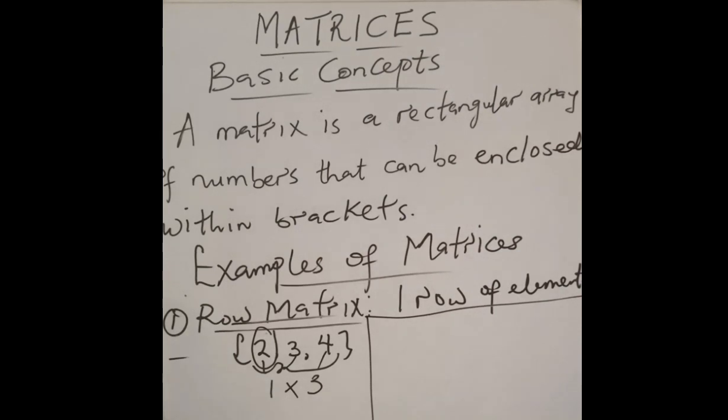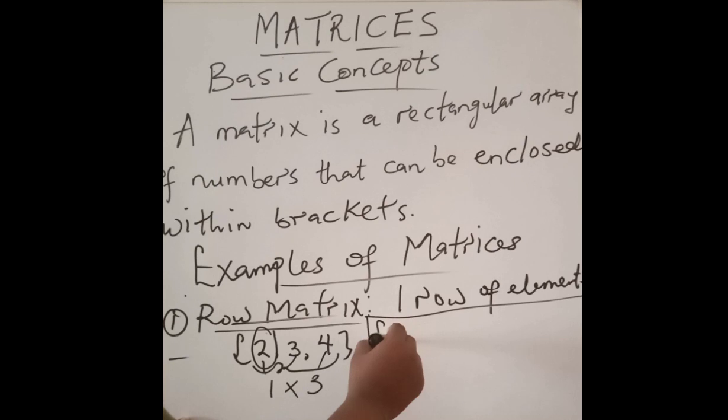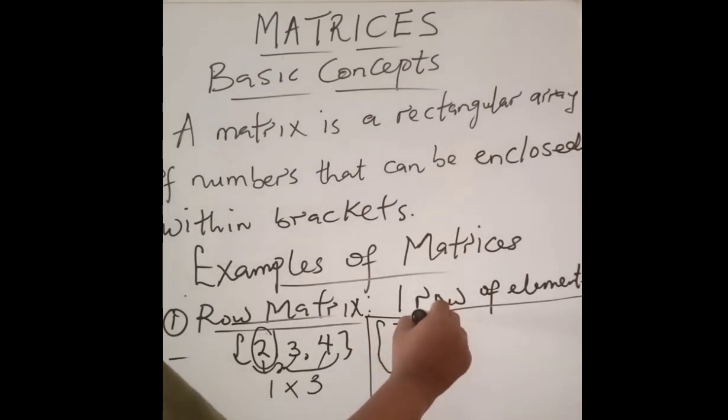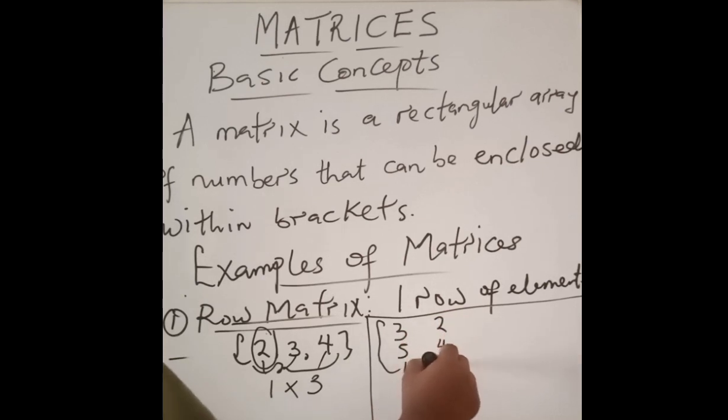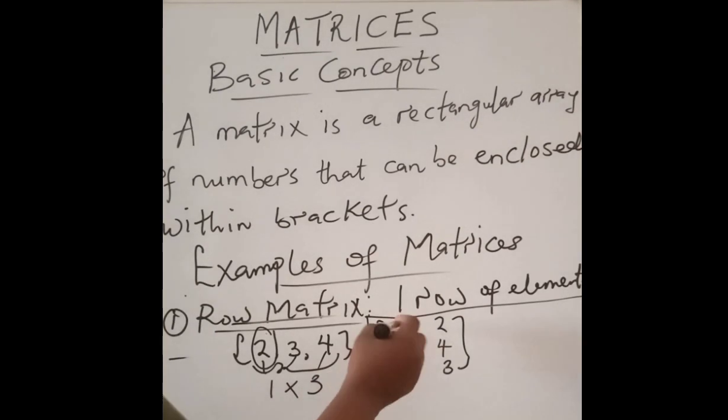Now let's look at another example of a row matrix. Here we have 3, 5, 1, then we have 2, 4, and 3. These numbers are enclosed within a bracket, just like the definition of a matrix.